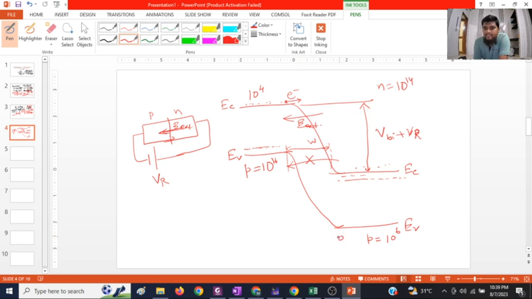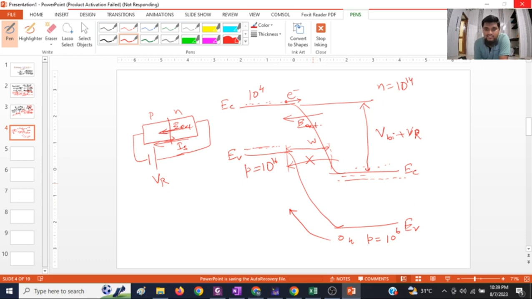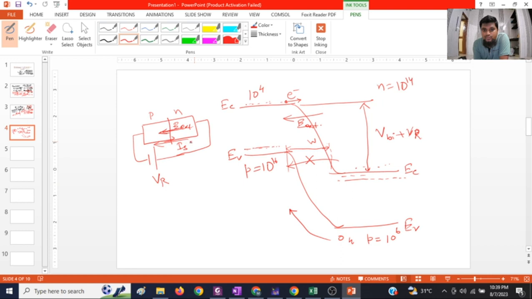Likewise, holes will move this side, and there will be a current from N to P. So this current going from N to P side is constituting the reverse saturation current, I_S.